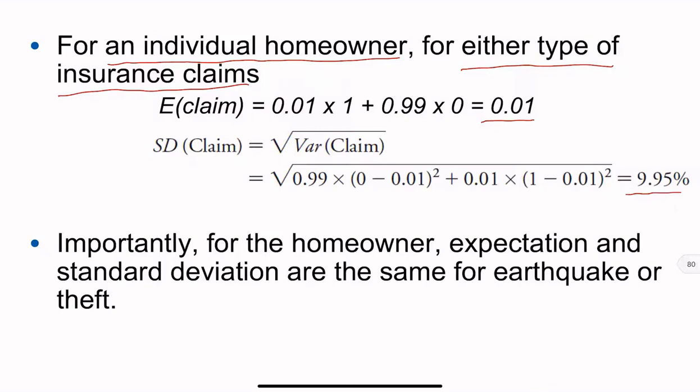This is important. So for the homeowner, the expectation and the standard deviation are the same for both earthquake and theft, right? So that's the result we have got about the insurance claims from the perspective of the homeowner.